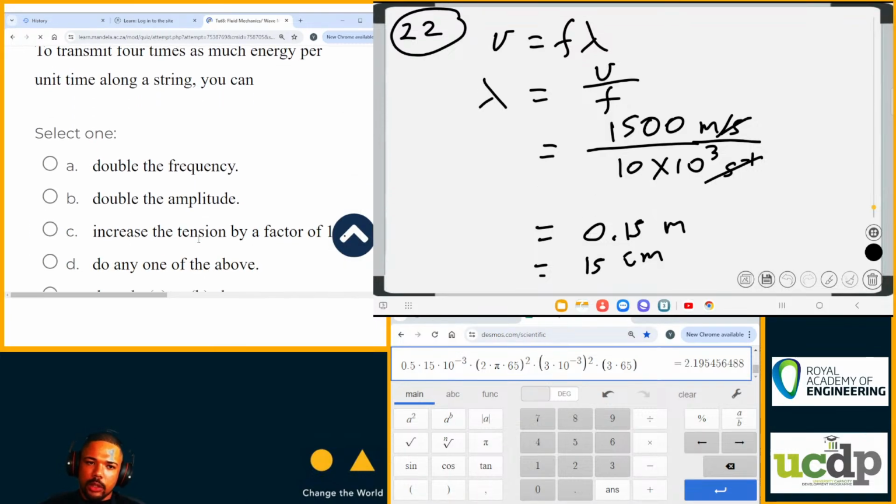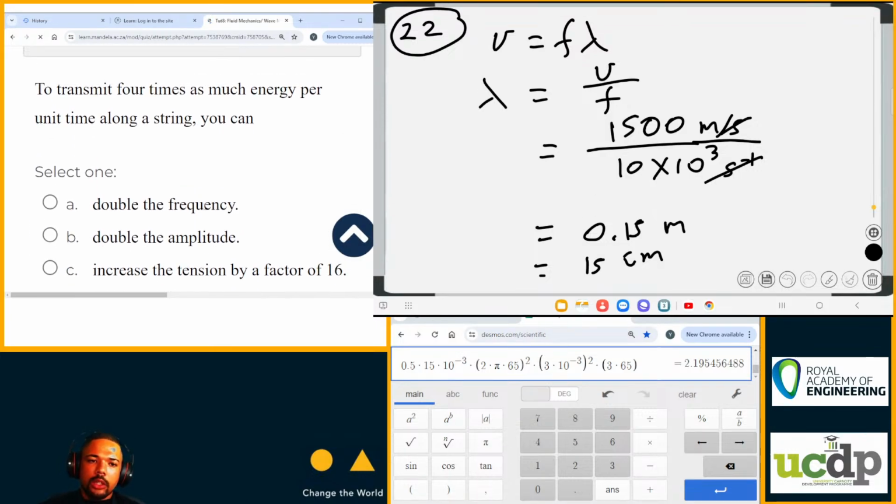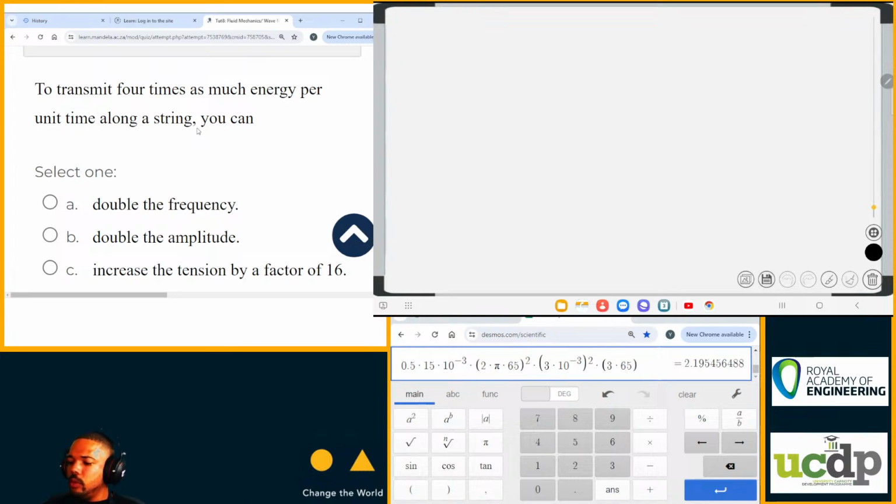Last question for today. To transmit 4 times as much energy per unit time along a string. This is one I have a problem with. 23. They ask us to transfer 4 times as much energy per unit time along a string. Now, to transfer power, you use this formula.